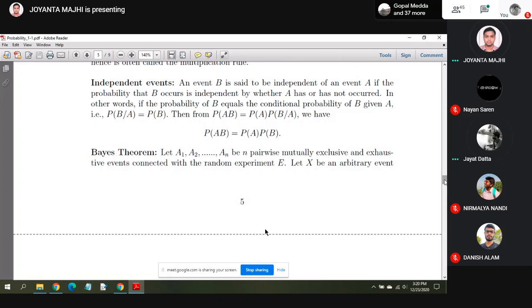Here, these two events are independent because the probability of B does not depend on the occurrence of the event A.